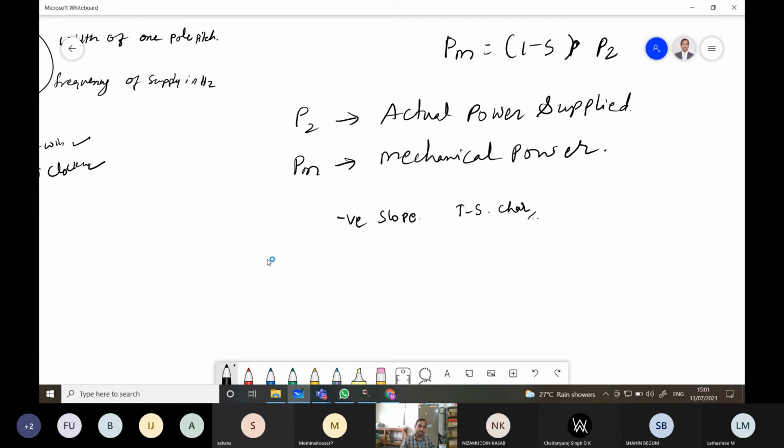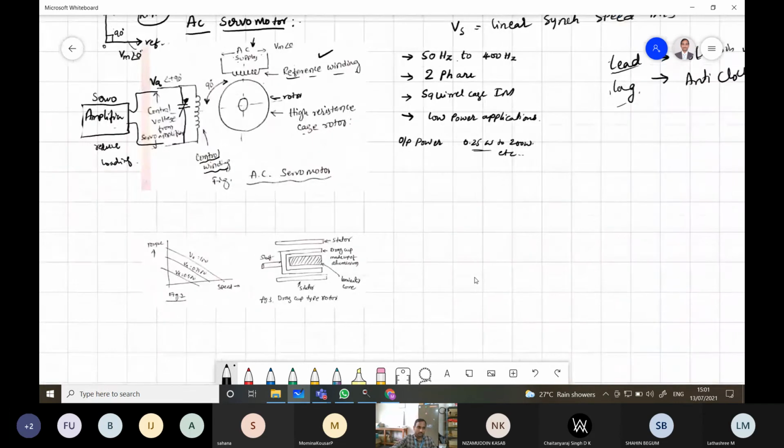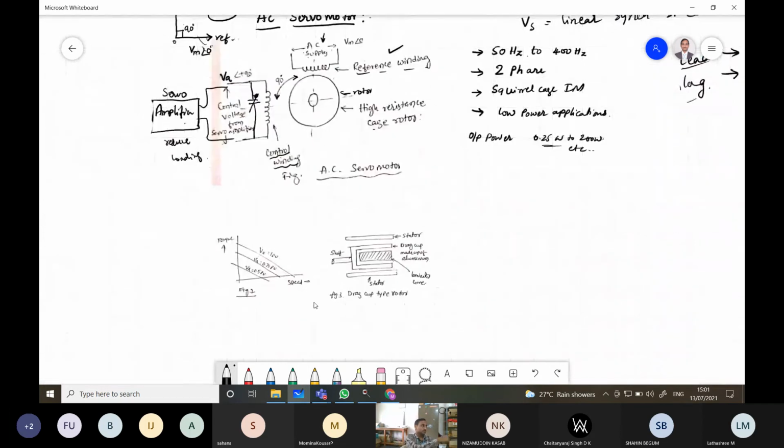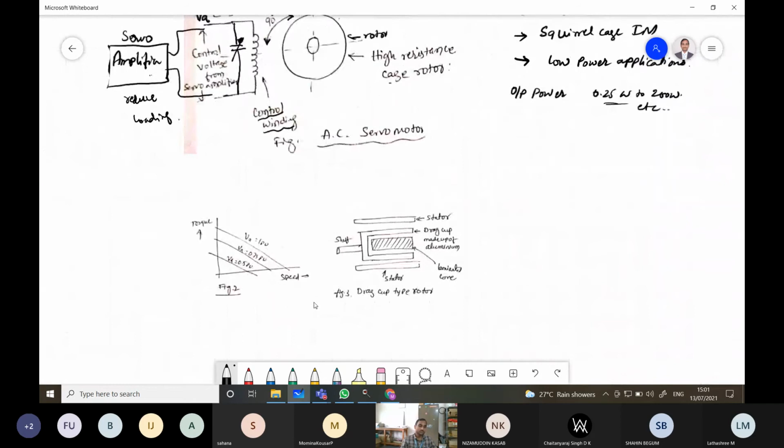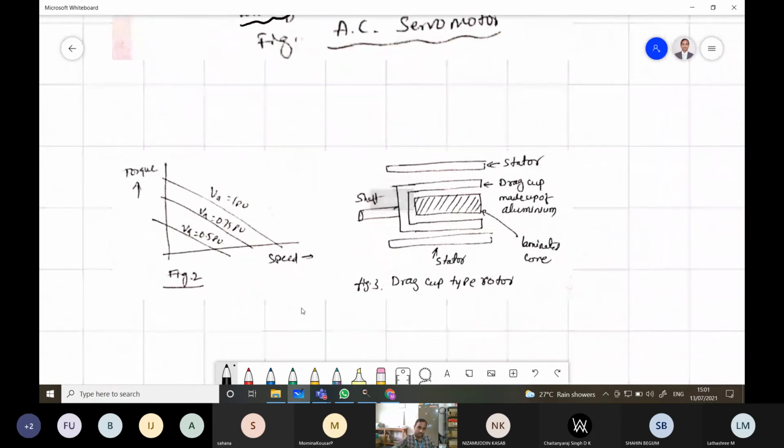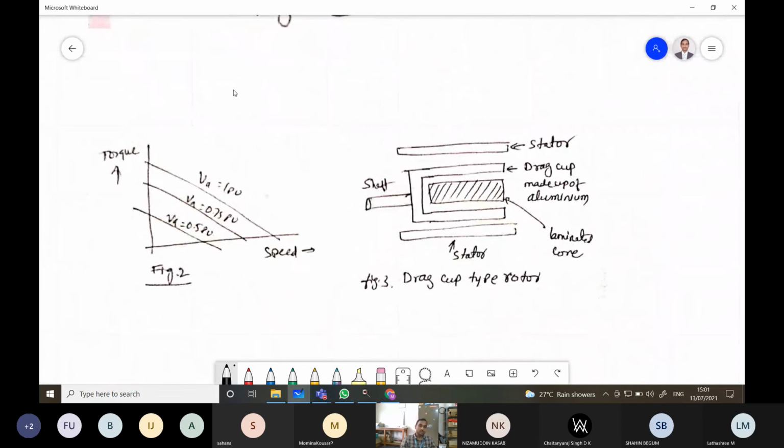The torque speed characteristics for various control voltages are almost linear, as shown in this figure. Observe here, for various values of VA: VA equal to 1 per unit, VA equal to 75%, that is 0.75 per unit, and VA equal to 50%, 0.5 per unit.